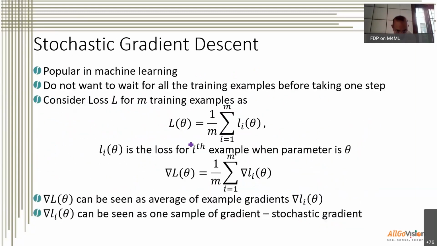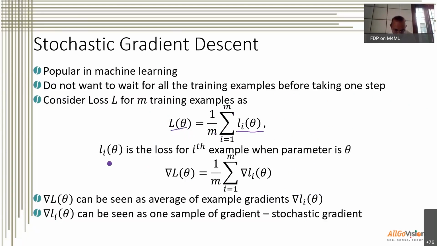Only then you can calculate. So let's say my parameters, instead of x, I'm writing now my parameters theta, and instead of error, I'm calling it loss L theta. So L theta is 1 by m, sigma i equal to 1 to m, and summation for small li, I'm calling loss for the ith example. So I sum the loss for each of the examples. That's how I get my total loss.